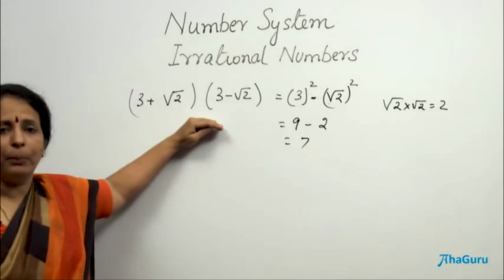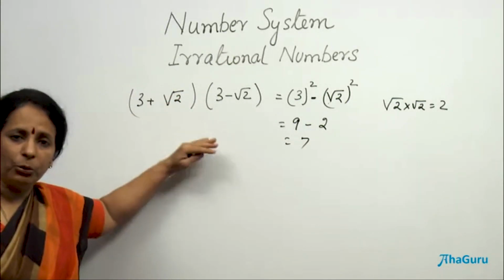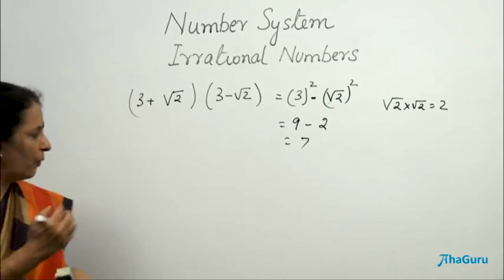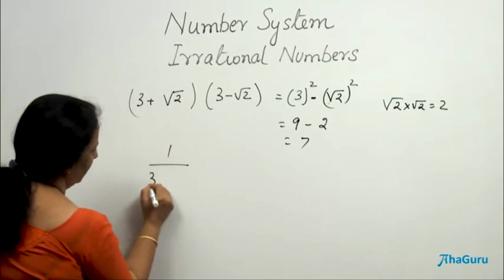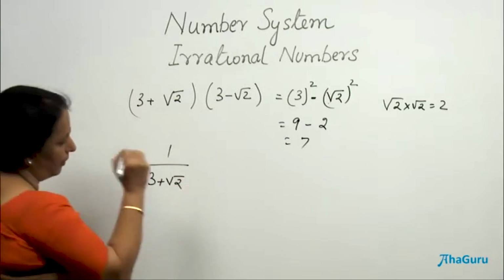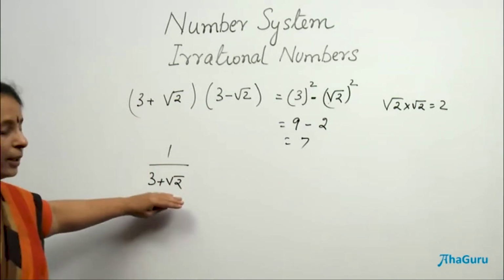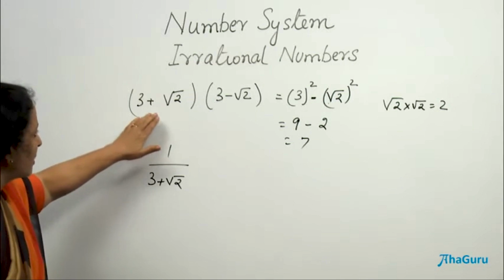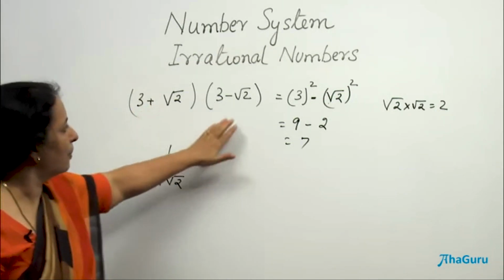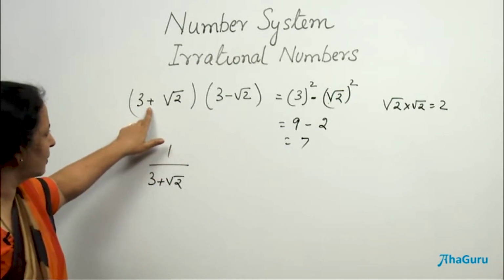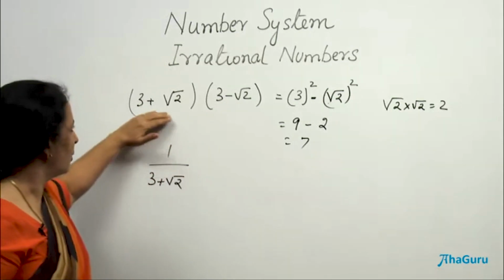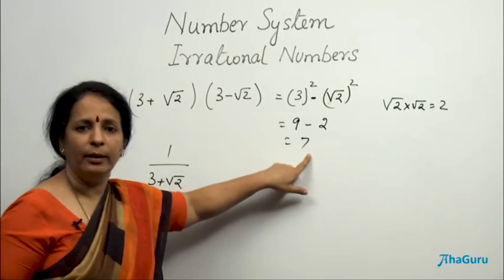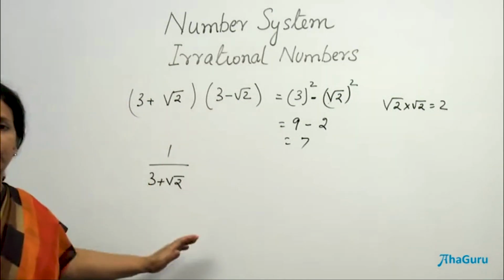Now, this is a very important thing for us to use in the rationalization. For example, the same thing. If this is the fraction I have, the denominator is irrational. How do I make it rational? Just now we have seen if I multiply this by this, the only difference is it is plus here, here it is minus. If I multiply these two, I am going to get a rational number. Why don't I use the same trick here?